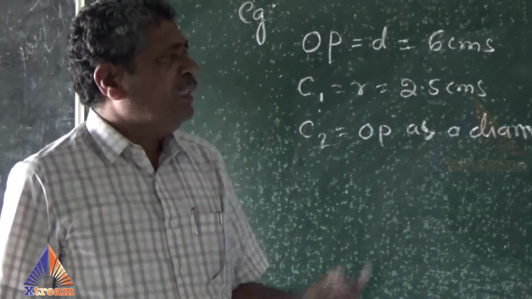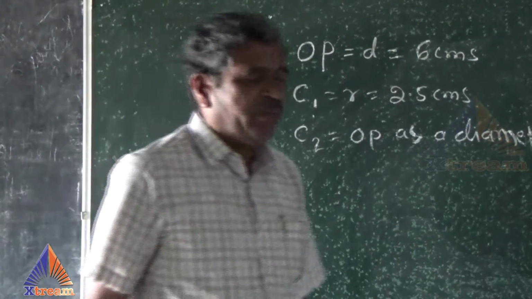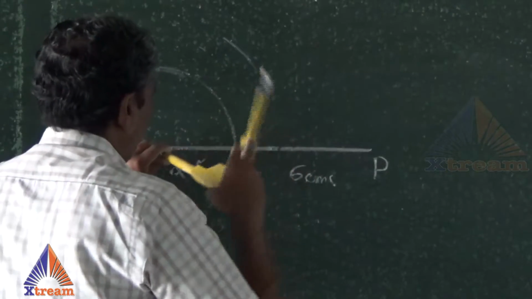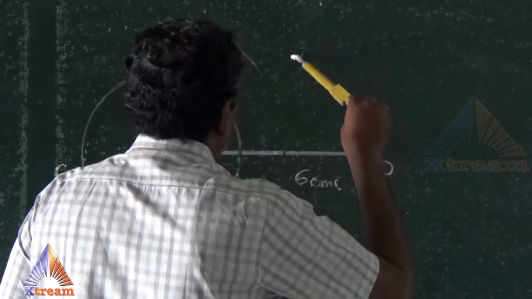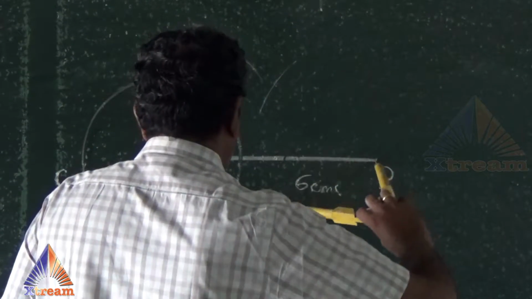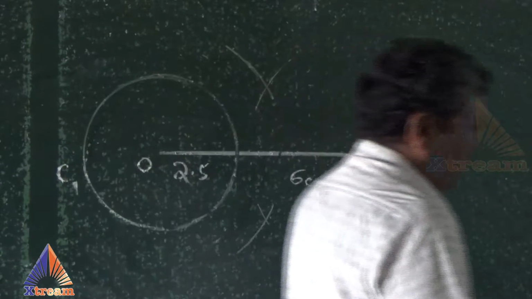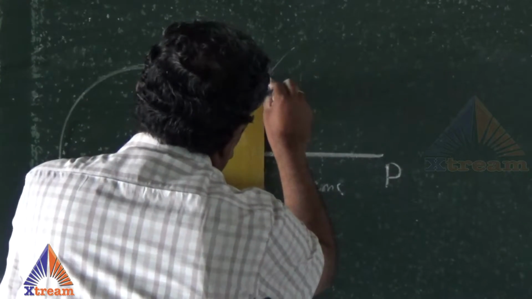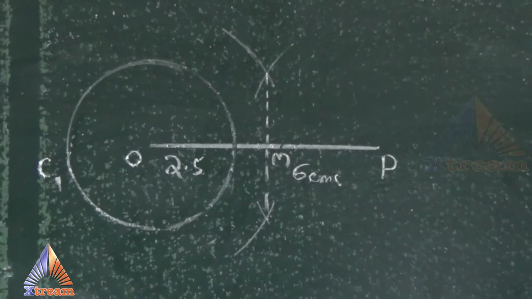You can take a radius of minimum 4 centimeter, then mark one arc. Then with P as the center, do the same. Joining these arcs with a dotted line, this is called M.